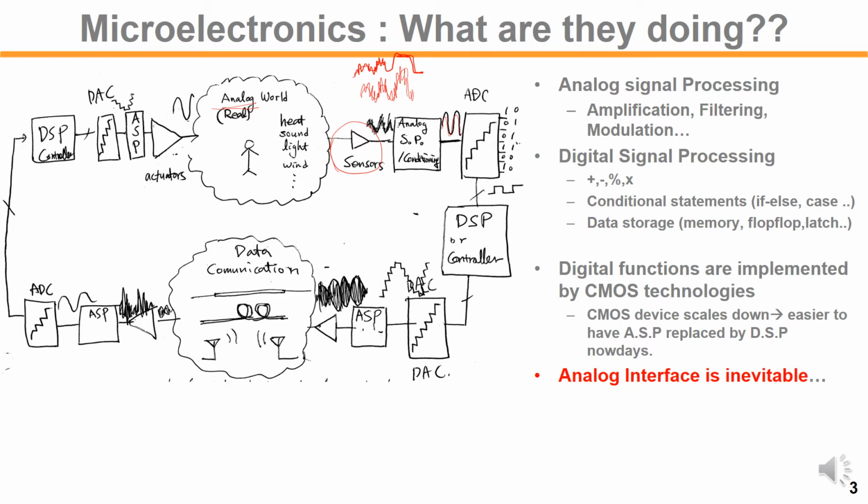And then once we get that out of the analog signal processing, we'll convert that analog signal into a digital signal like 1 and 0. So a bunch of 1 and 0 signals is represented in the digital domain. So there is the interfacing block called ADC, analog to digital converter.